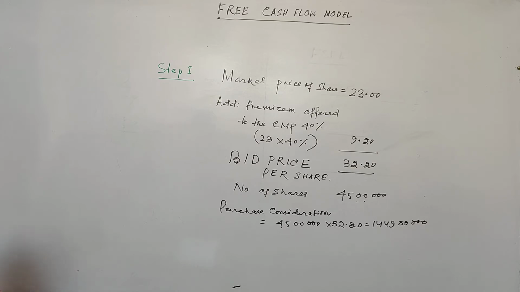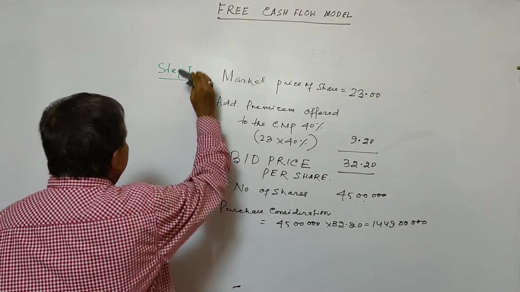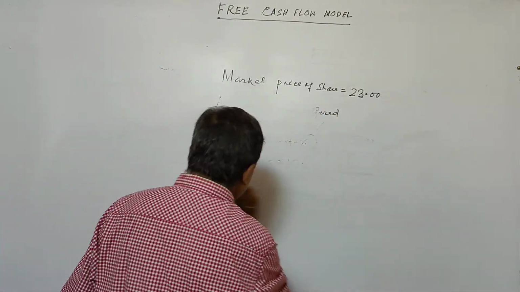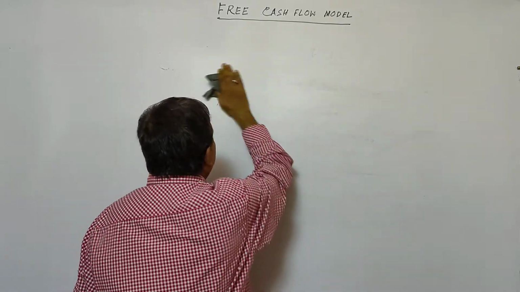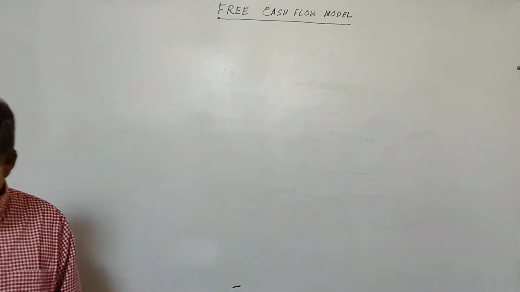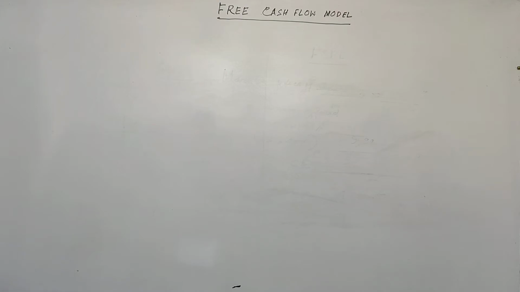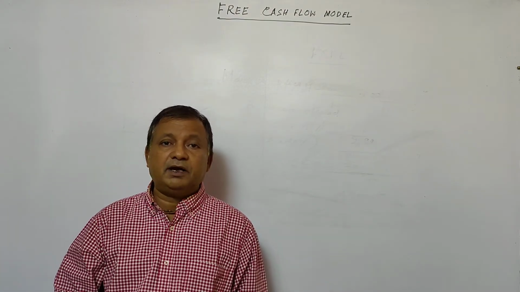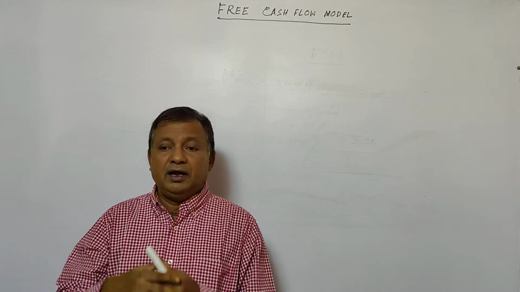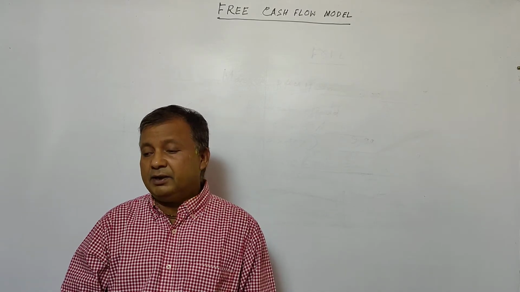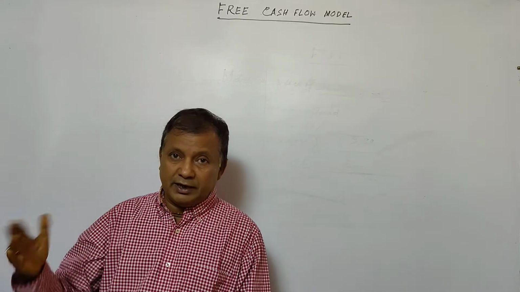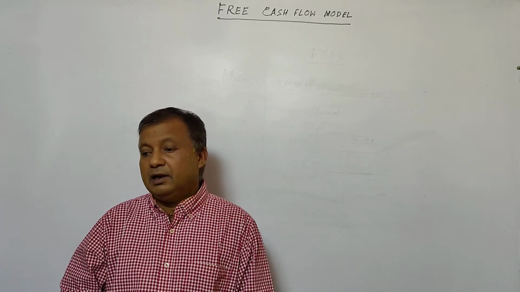Let us calculate the free cash flow. We know the free cash flow is equal to your net operating profit after tax plus depreciation and all other things. If the capital expenditure is more, there is an outflow, then we have to subtract it.